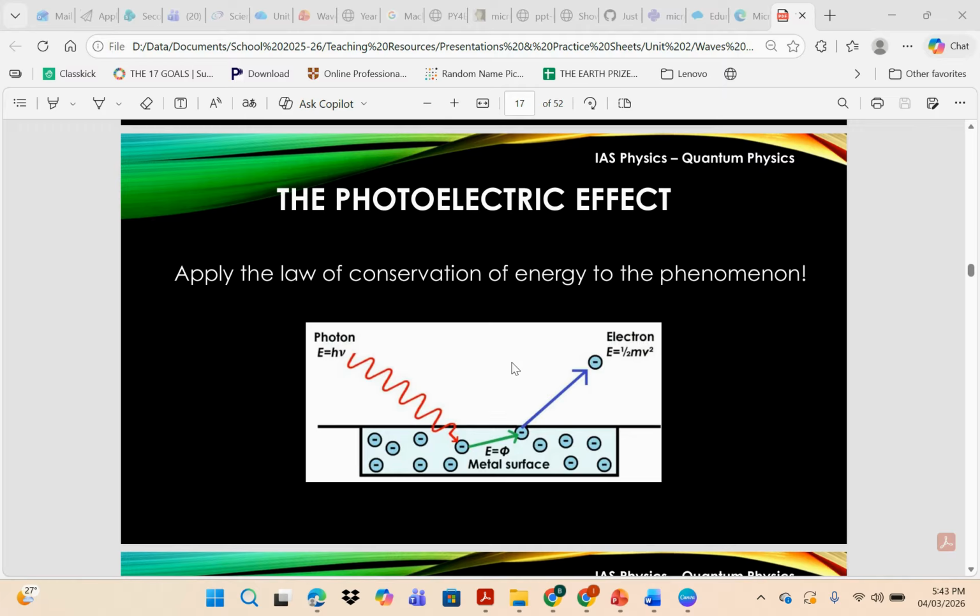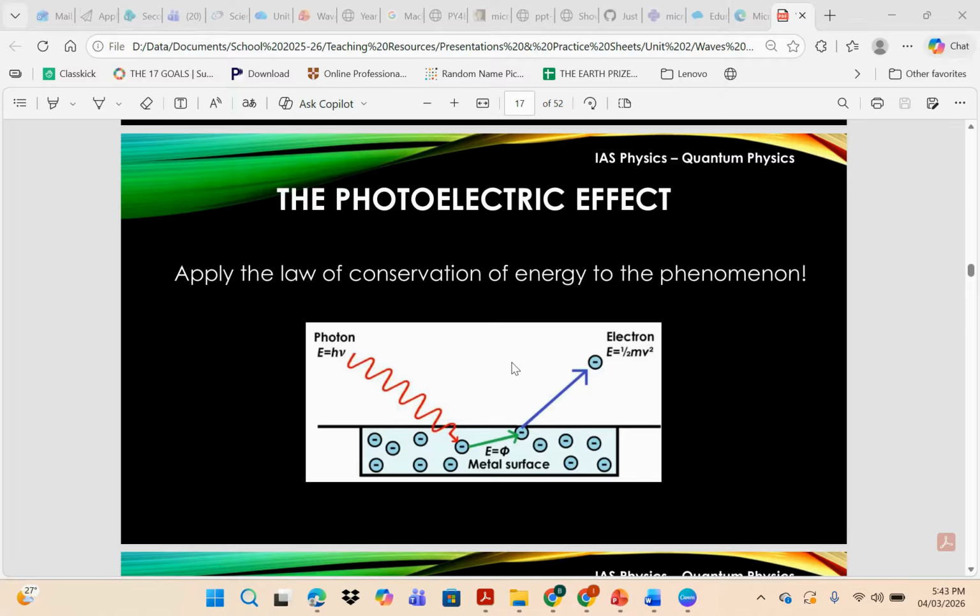So when a single photon is absorbed by a single electron, the total energy of the photon gets split into two parts. One, the work function, which is the energy needed by the electron to escape from the surface of the metal, and the kinetic energy of the electron.